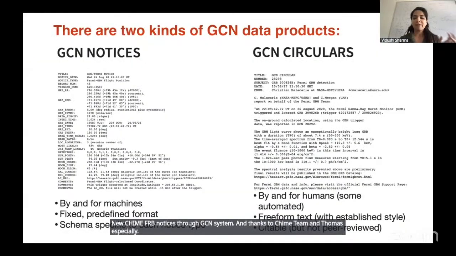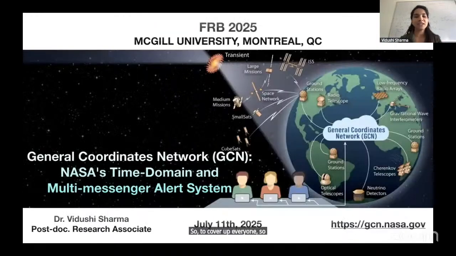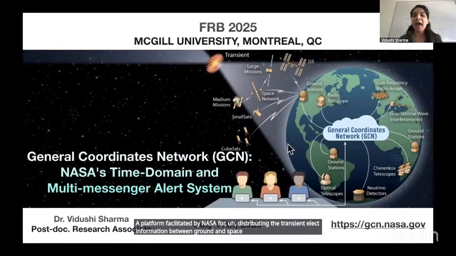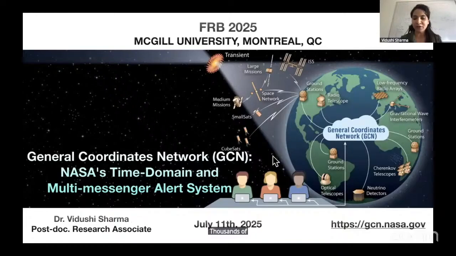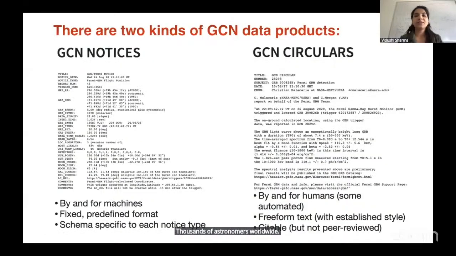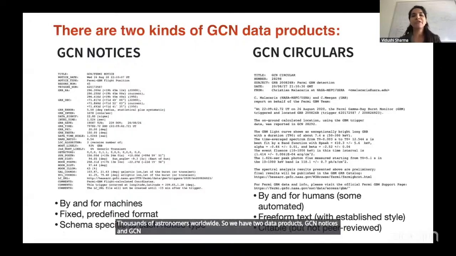To cover up for everyone, GCN, the General Coordinates Network, is a platform facilitated by NASA for distributing transient alert information between ground and space-based observatories and thousands of astronomers worldwide. We have two data products, GCN notices and GCN circulars. Most of you are aware of circulars, and FRB circulars are already there.